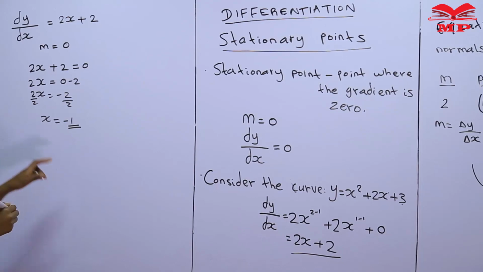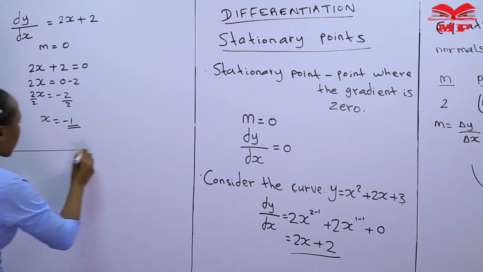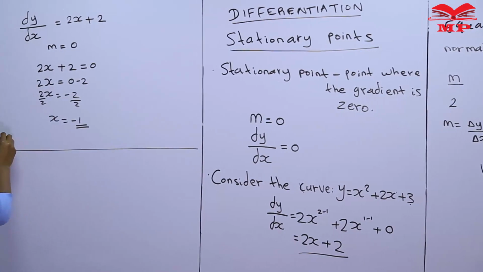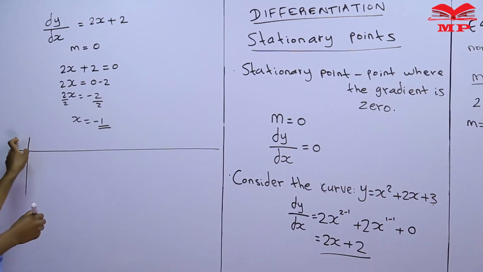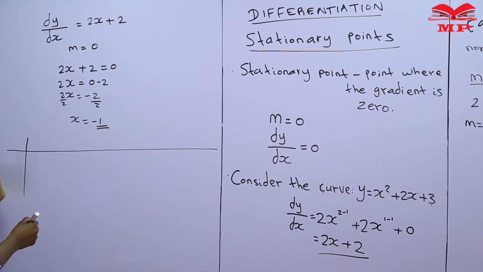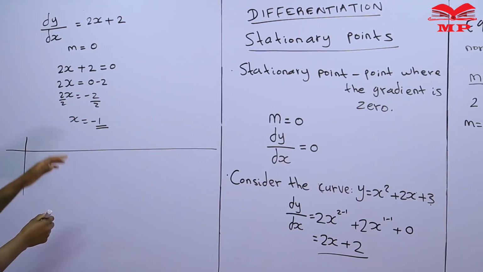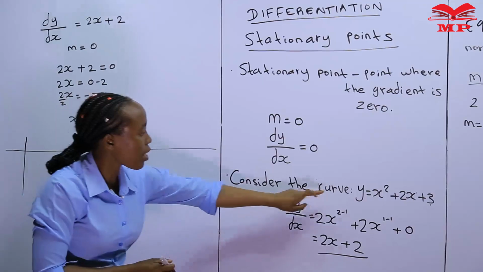Now, I want us to be keen in this. I want us to have a table here whereby we have some values of x. We can get values on both the negative and the positive side of this curve that we have here.